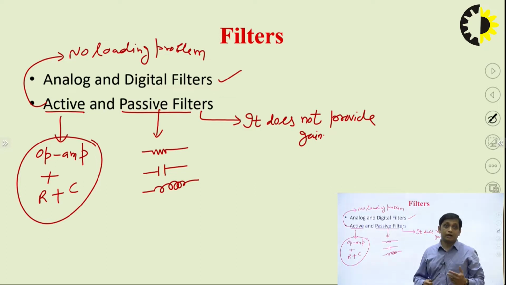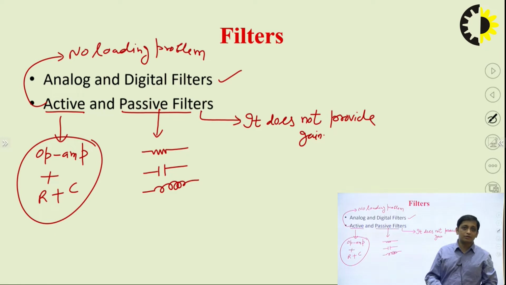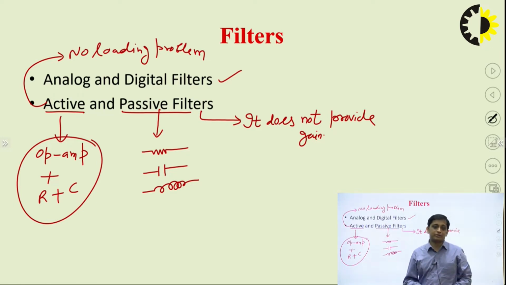In active filters we prefer the non-inverting configuration because of its high input impedance. So that is the second advantage of the active filter. There is no loading problem, but there is a loading problem in passive filters.